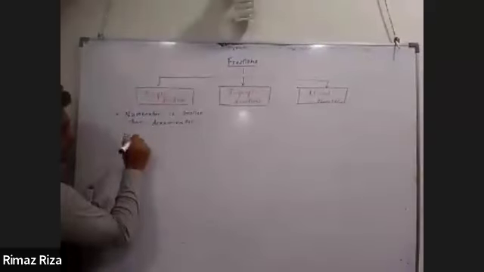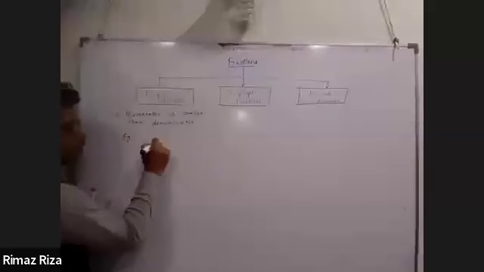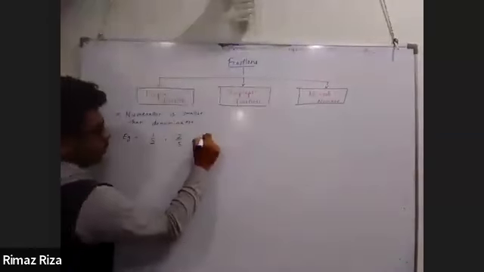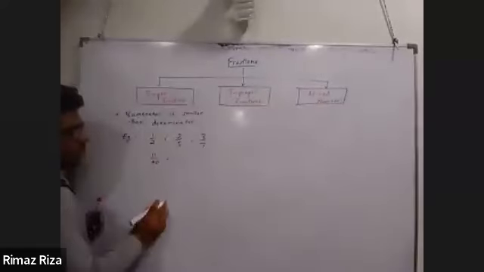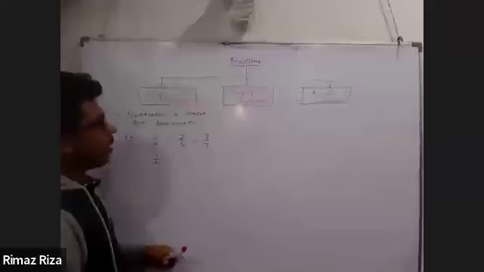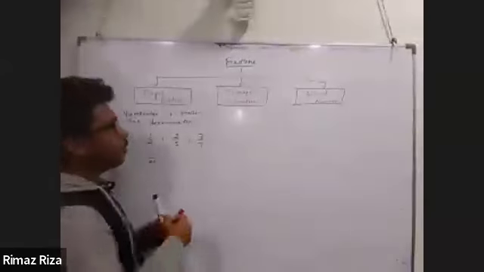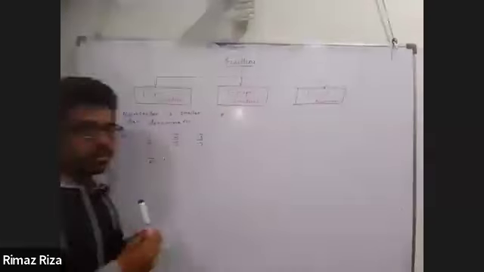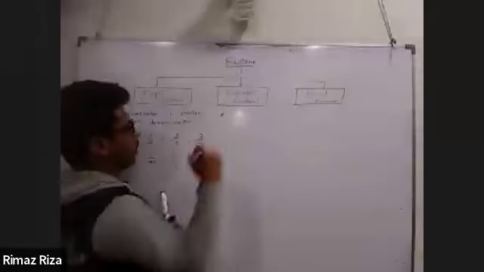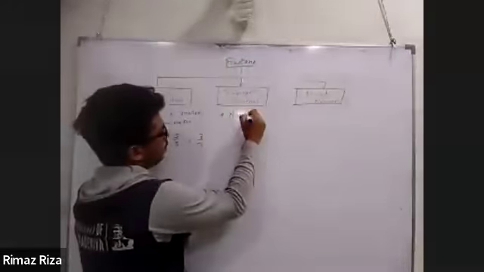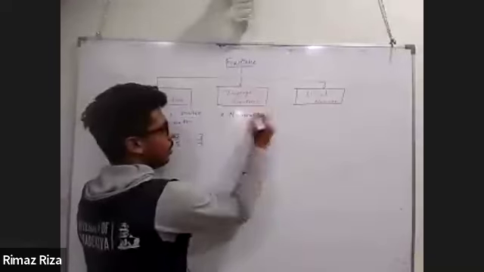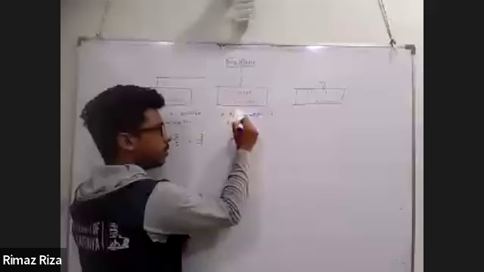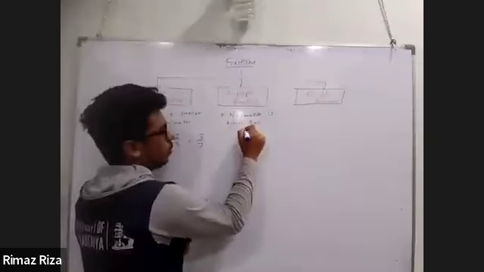Examples, you can see: 1 over 2, 2 over 5, 3 over 7, or 11 over 20, etc. And improper fractions, the numerator is bigger than denominator.